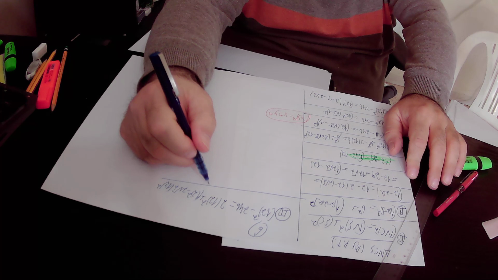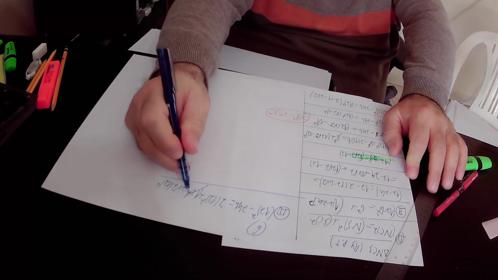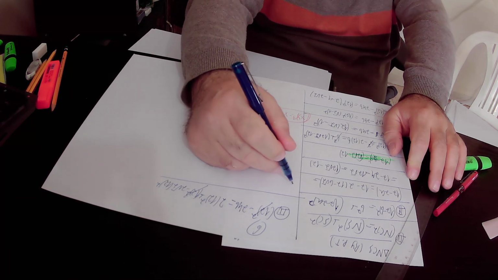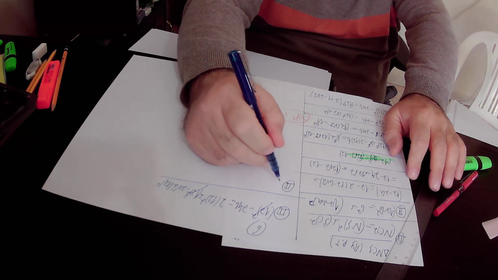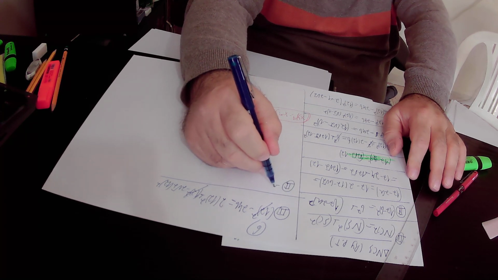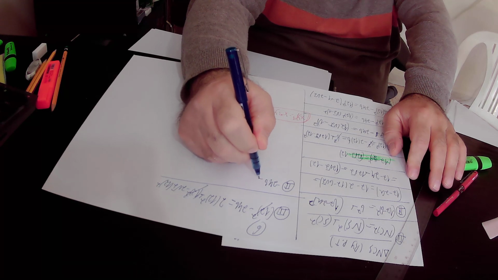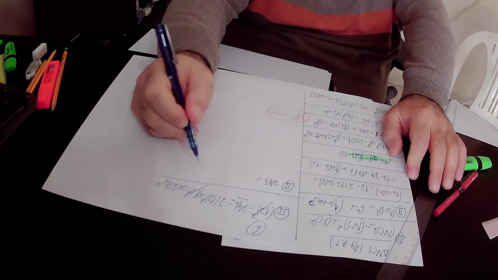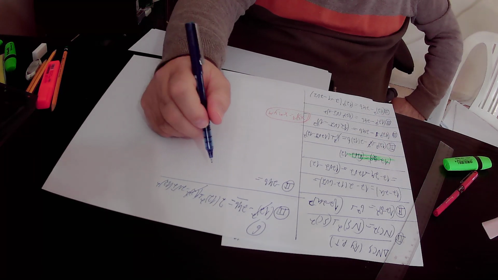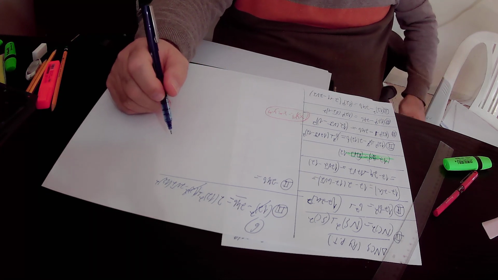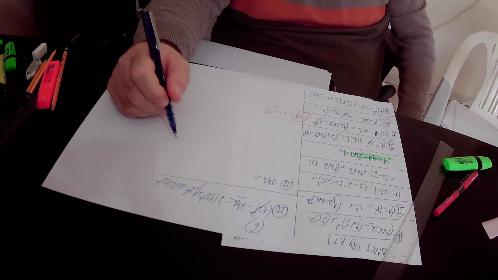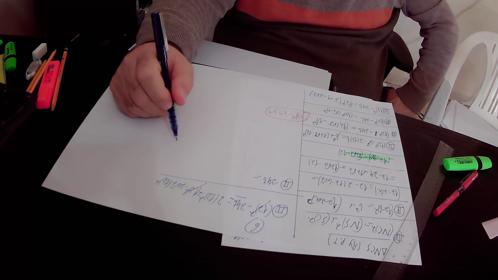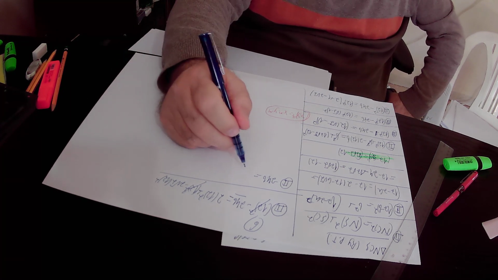Here we have 12 squared on both sides of the equation, so 12 squared will get cancelled. And what is left in equation number 2 after we cancel 12 squared? On this side we have minus 24B equals 2 times 12 squared. 12 squared is 144. 144 times 2 is 288.